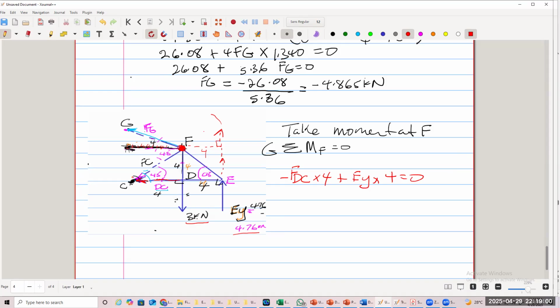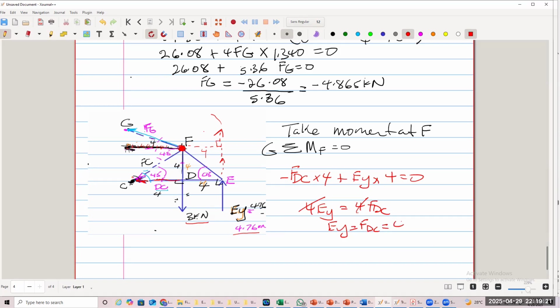You should be able to tell me what is the answer. What is the answer there? So from that, 4 EY is equal to 4 FDC. So the 4 cancel. So EY is equal to FDC.